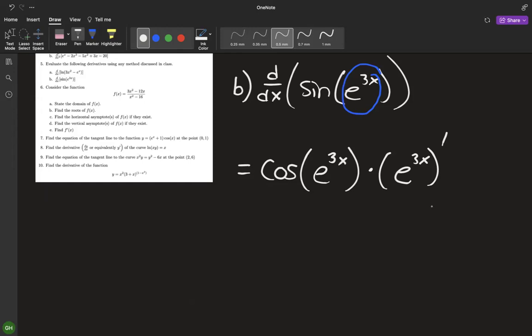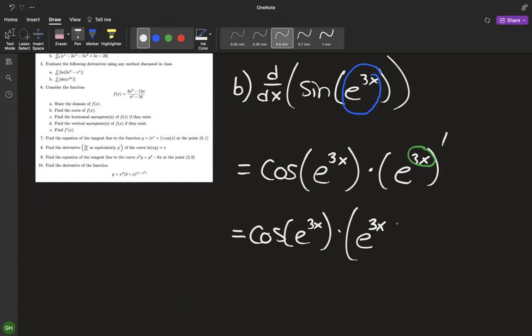All right, so now I need to take this derivative. Well, to take the derivative of e to the 3x, I'm going to do the same thing. I'm going to cover up this 3x, and I'm just going to say that e to the whatever, when I take the derivative, is just itself.